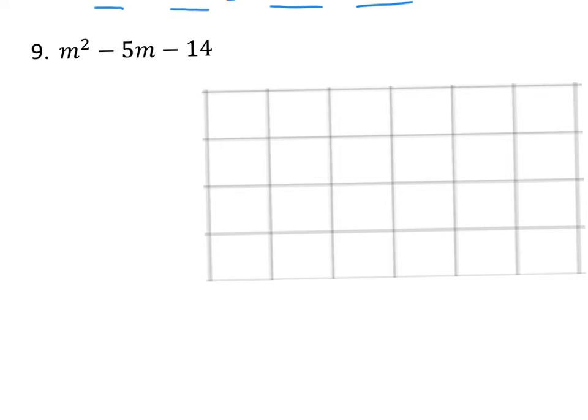So we look again at the sign of the middle term, and it's negative. That means if we're adding 2 numbers together and we get a negative result, the larger number must have been the negative number, which tells us that our smaller factors are going to be the positive factors and the larger factors are going to be the negative factors. So then we check to see if either of these work.